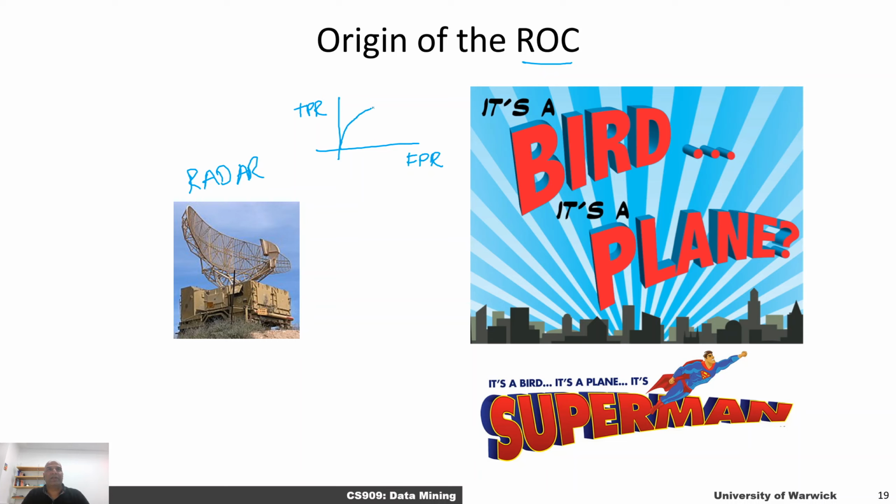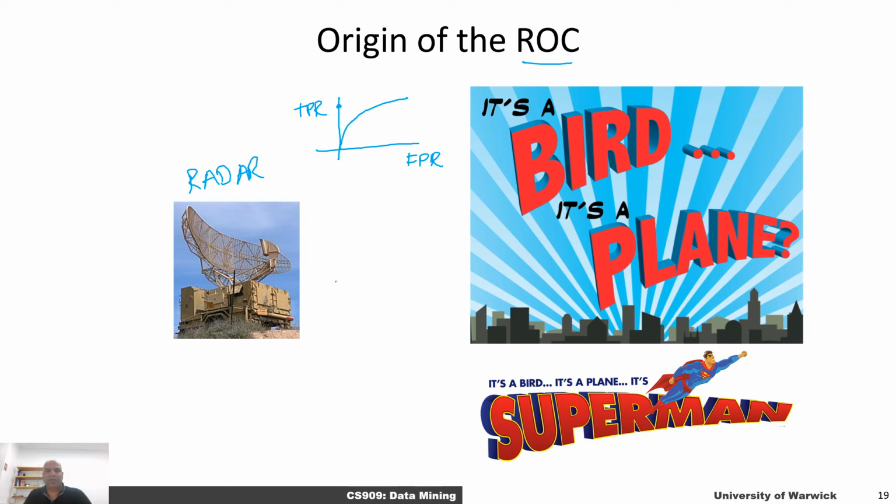That gave them an idea of how good or bad a particular radar was. To have a perfect radar, we want it to detect all the planes and none of the birds, right? So it's going to have a TPR equal to 1 at a false positive rate of 0.